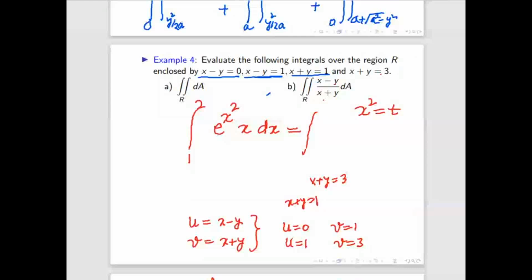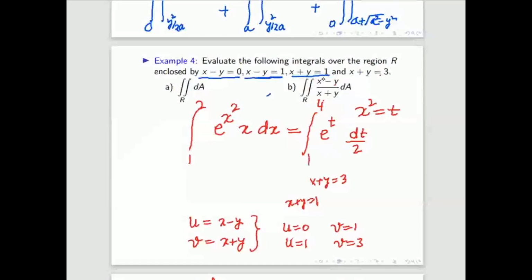This will become e to the power t dt by 2, and the limit becomes 1 to 4.